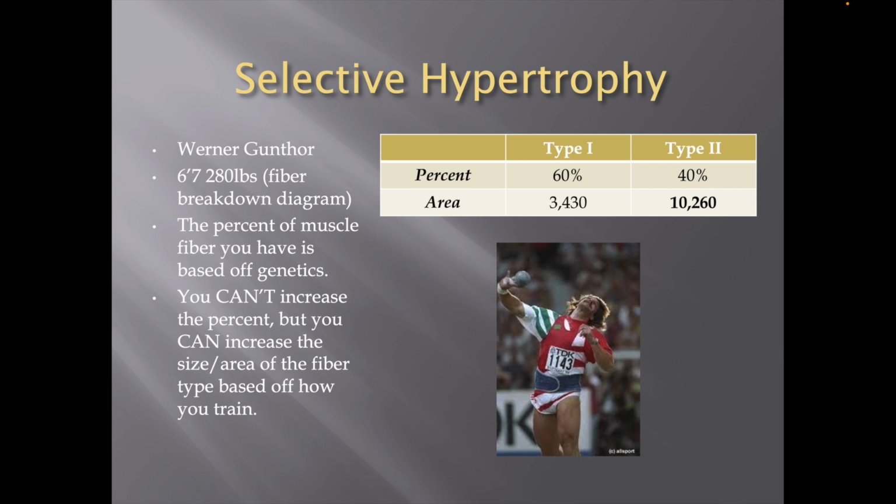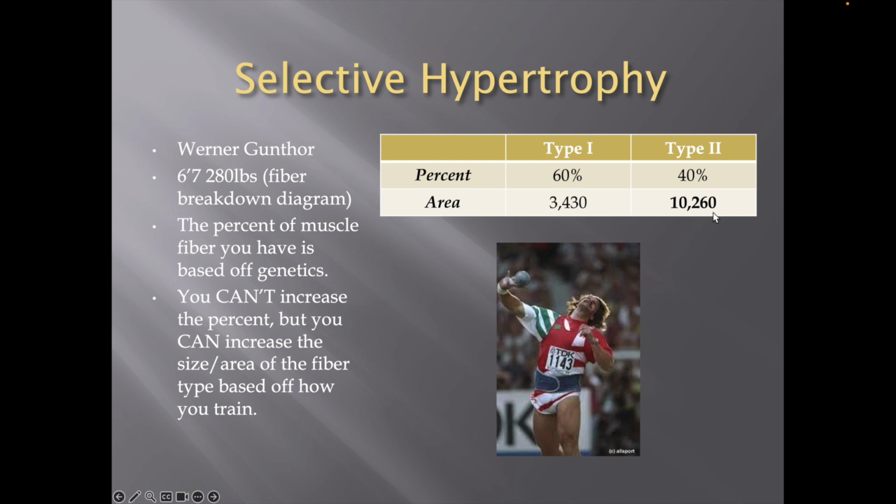However, the total area of muscle fibers can increase based on the type of training that you undergo. And since Werner Gunther performed a lot of weightlifting movements to get strong, he got very big, and his movements were very fast and explosive in nature, he recruited his type 2 muscle fibers a ton during training.